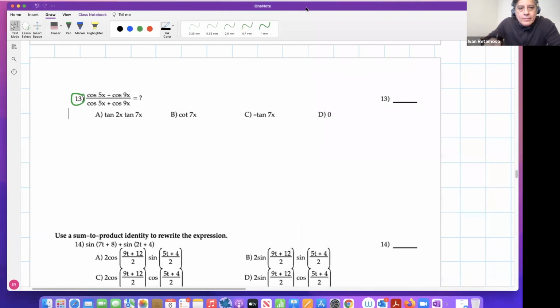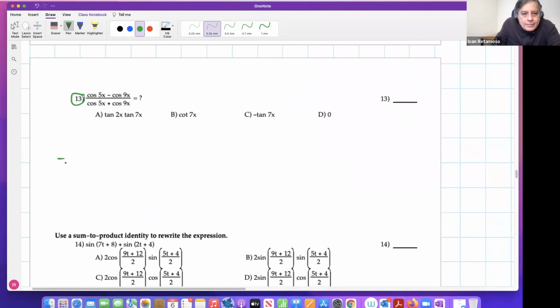Okay, let's do it together. Notice that this becomes the following once you apply the formulas that I mentioned. Cosine minus cosine, remember, is negative 2 times sine of, is the third formula, right? The sine of alpha plus beta over 2. So alpha is 5x plus beta 9x over 2.